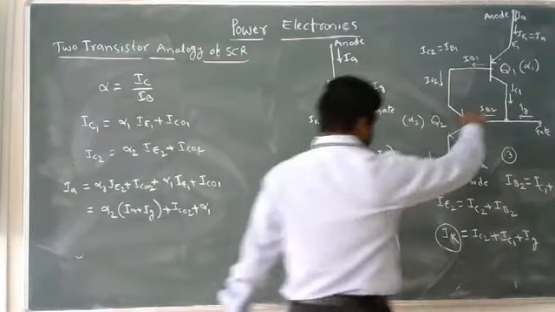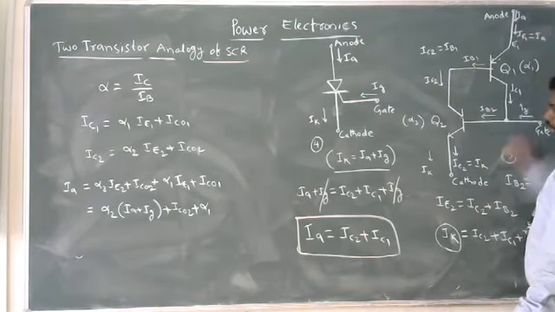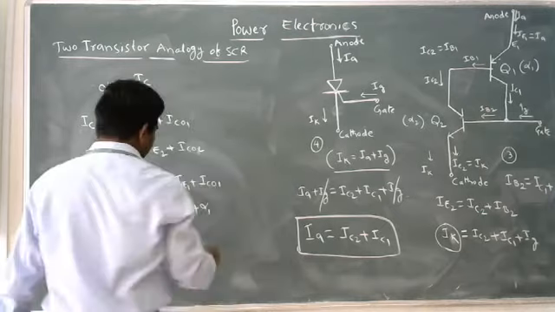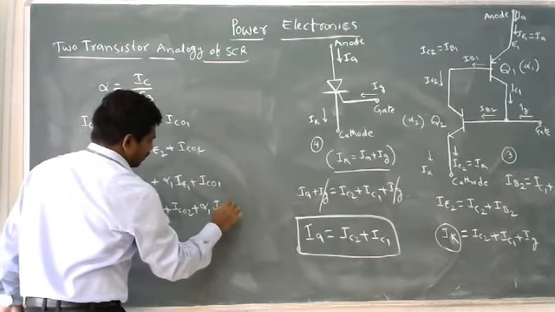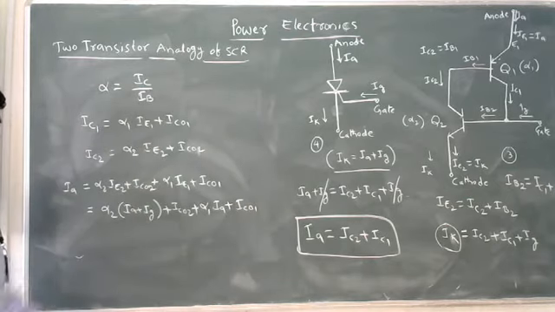Look at this, this is IE1, this is IA. IE1 is equal to IA, and I am replacing IE1 with IA plus ICO1. So this side is IA.